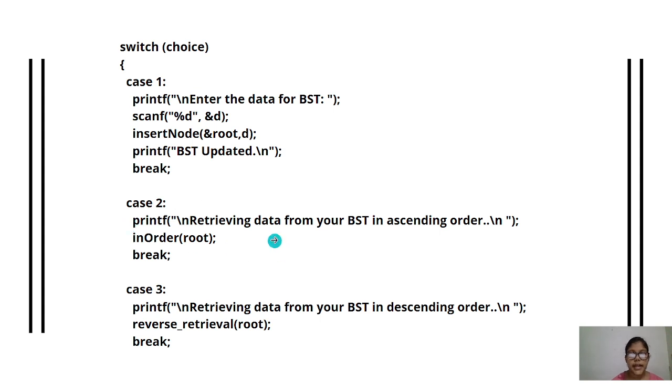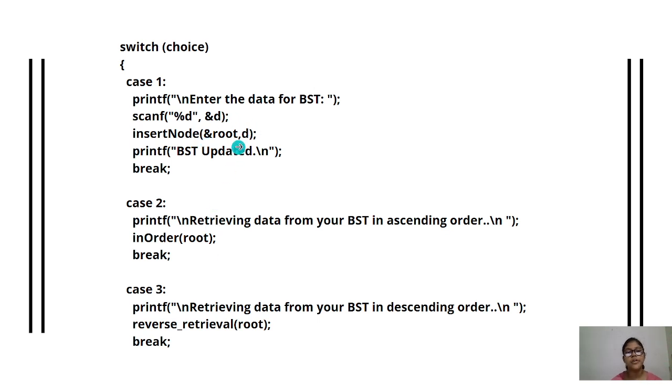Case 2, printf, retrieving data from your BST in ascending order, just for a message that yes, it's an ascending order. Then inorder root: here we will give the parameter value as root, because we don't need to create any node and store any value. We just have to get the value only.